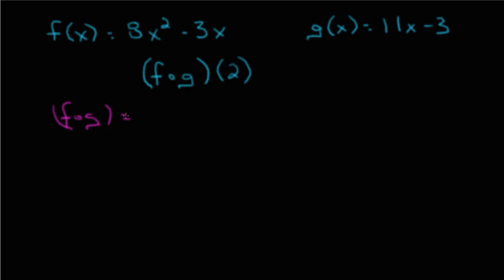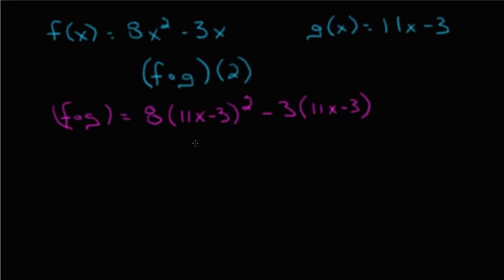And that's equal to 8, and then for every x, we're going to plug in the value of g. So we'll have 11x minus 3 squared minus 3, and we've got an x here, 11x minus 3.